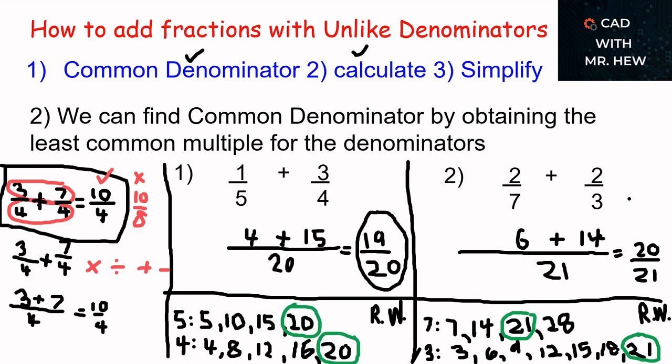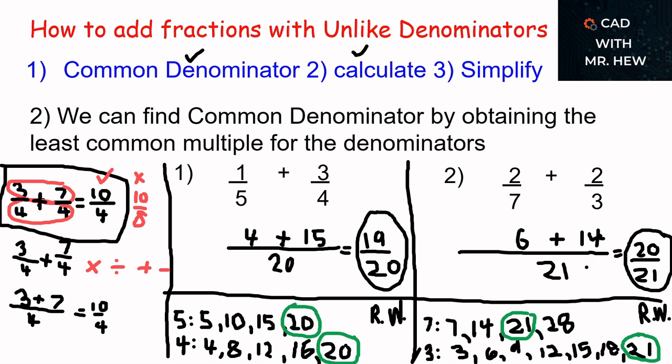So we're going to look to see if we can simplify this fraction. Is there a number that can divide 20 and 21 other than 1? There is none, right? So this would be in its simplest form for the answer, and we are done with the question.